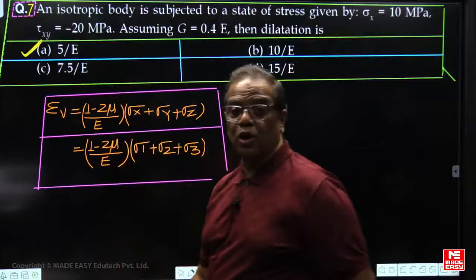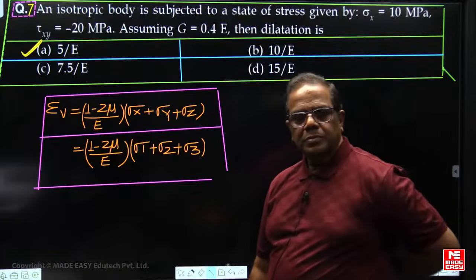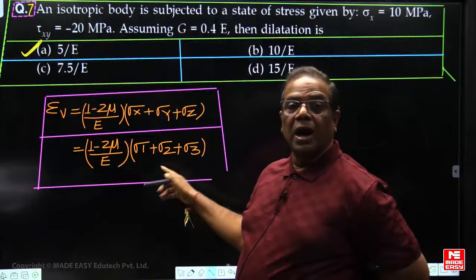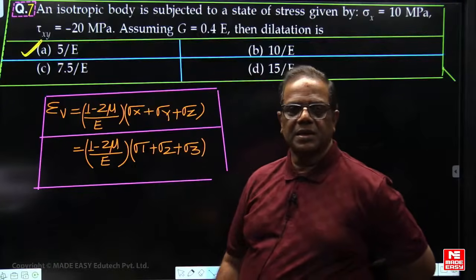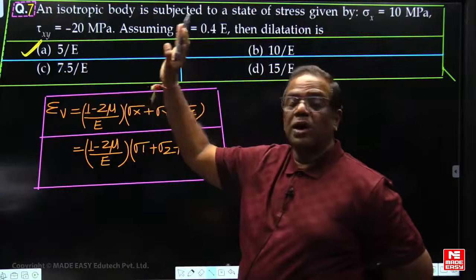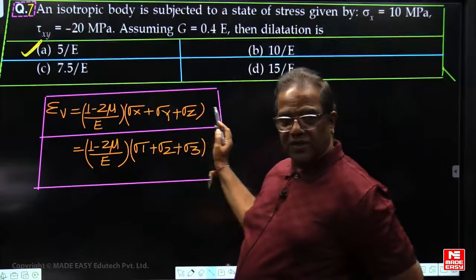Or you can use epsilon x plus epsilon y plus epsilon z. Some students go for the equation and calculate the principal stress. Sir, shear stress is there, sir. There is no effect of shear stress. Use any equation, you get the same answer. So directly you can use the first one.